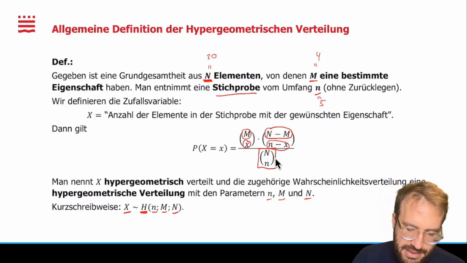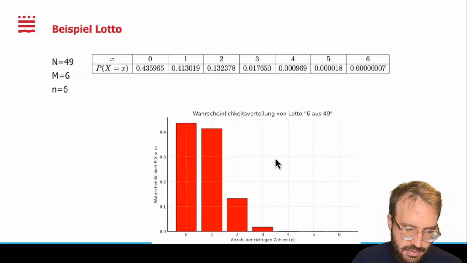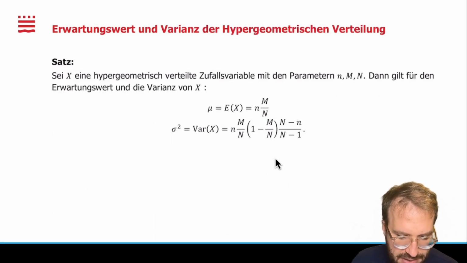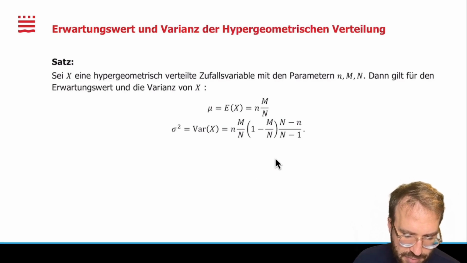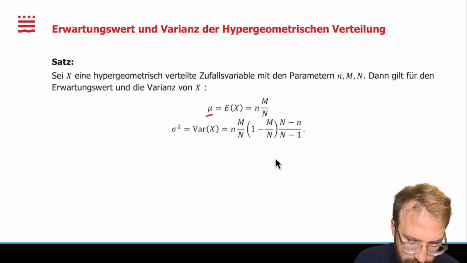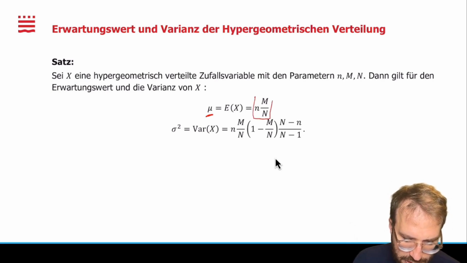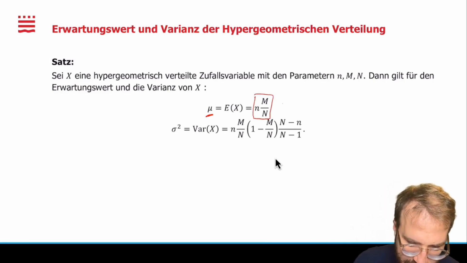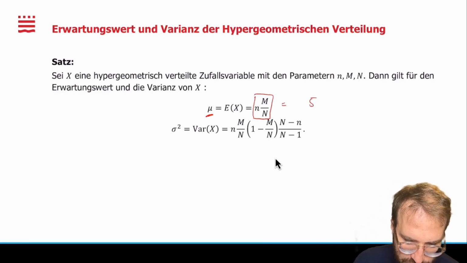But the nice thing is, there are actually formulas for that. So now we're going to dive into this specifically for the expected value, which is simply this expression here: n times M divided by N. So in our case, if we take our example, 5 times 4 divided by 20.